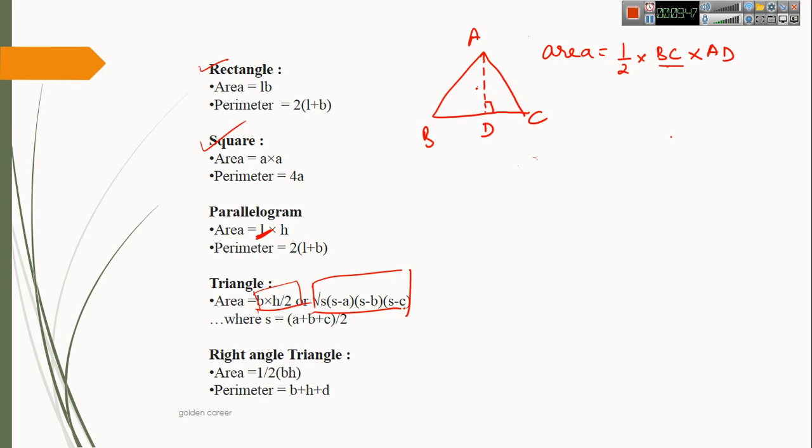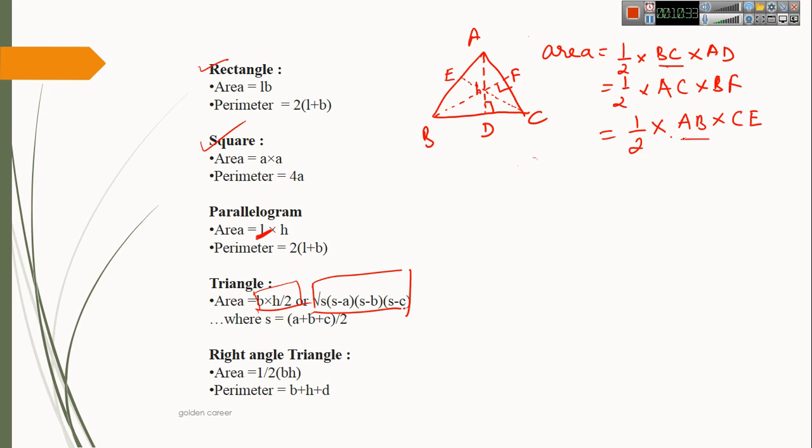This AD will be the height, or we can also have BF, then the area will be equal to half into AC into BF, or we can have the same area equal to half into AB into CE.